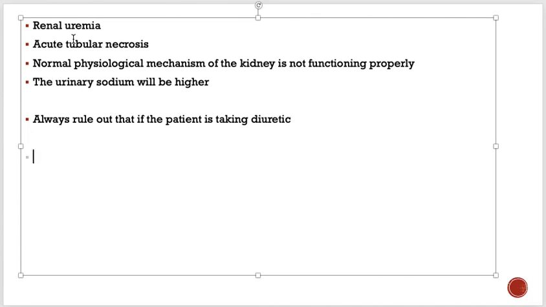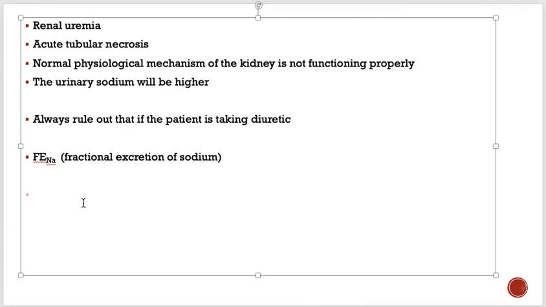So what we call FENA. What is FENA? It is basically fractional excretion of sodium. Fractional excretion of sodium. This is a simple measurement they can do, where they measure the proportion of the sodium that is filtered at the glomerulus and appears in the urine.